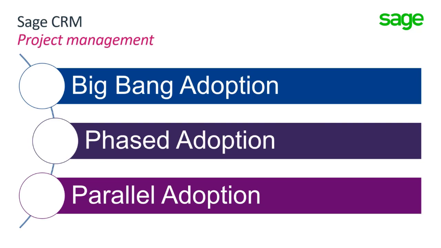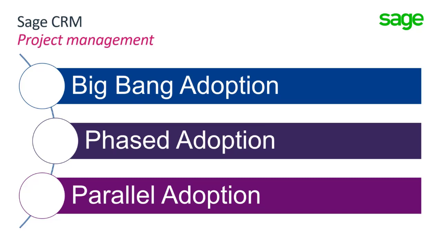We can approach an implementation project in really three ways. So if you've got lots and lots of resources, then you have the widest choice about what you can do as far as implementing Sage CRM. But it boils down to, are we going to go with a big bang adoption?